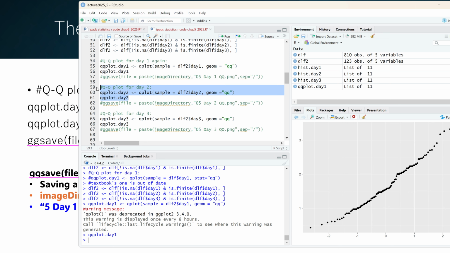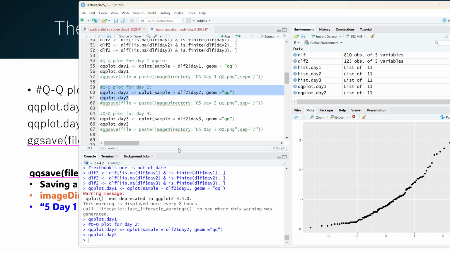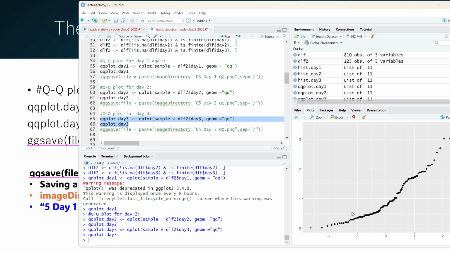And also, by only changing the dataset name, we can see the QQ plot for day 2 and day 3. This is day 2 and this is day 3. I want to show the QQ plot for day 1 again.